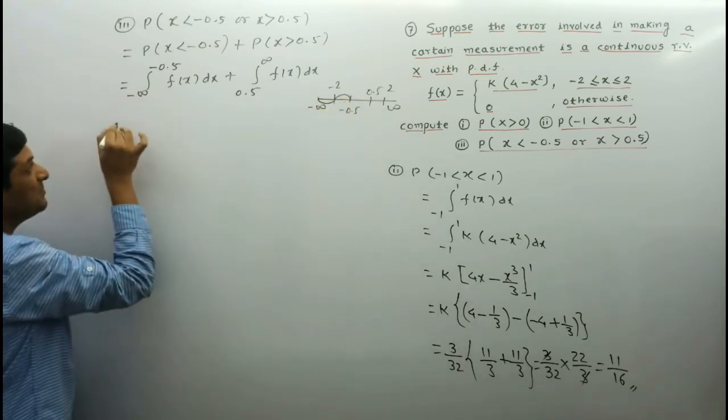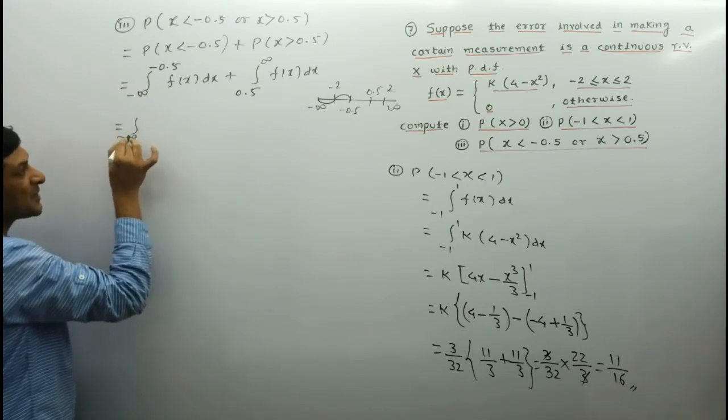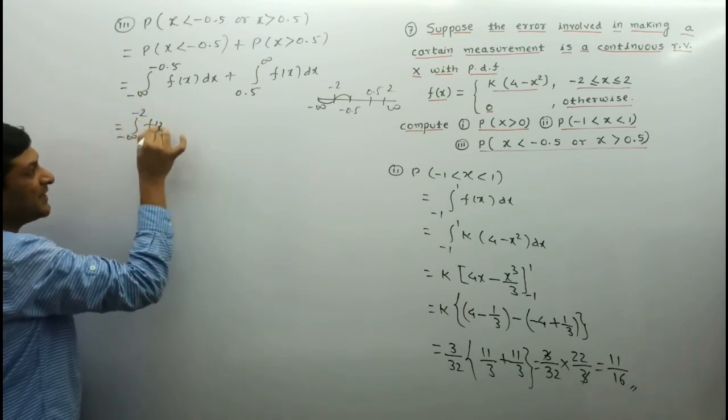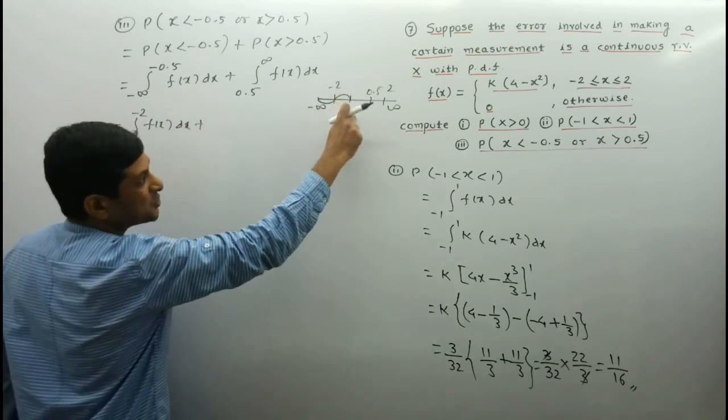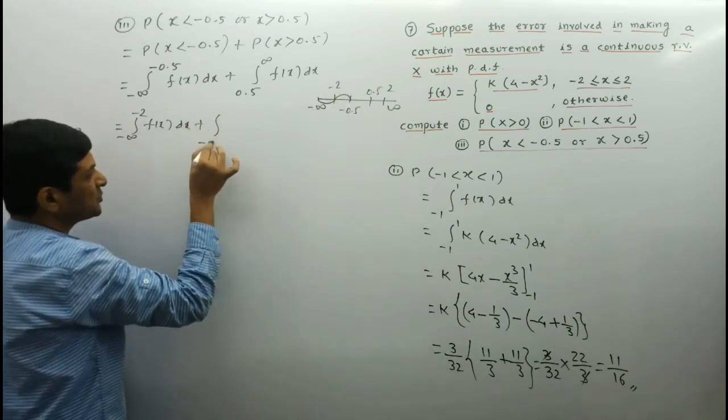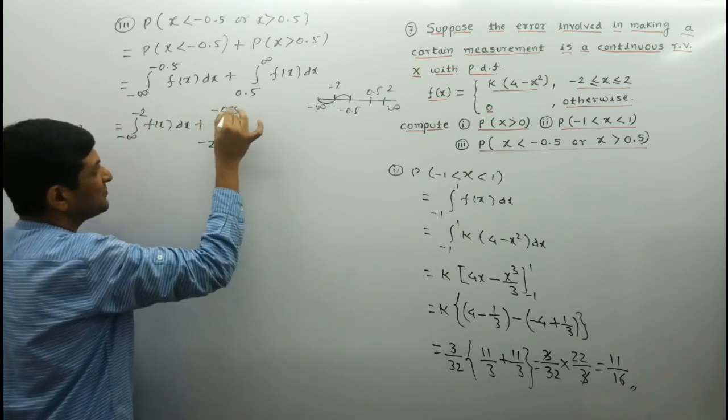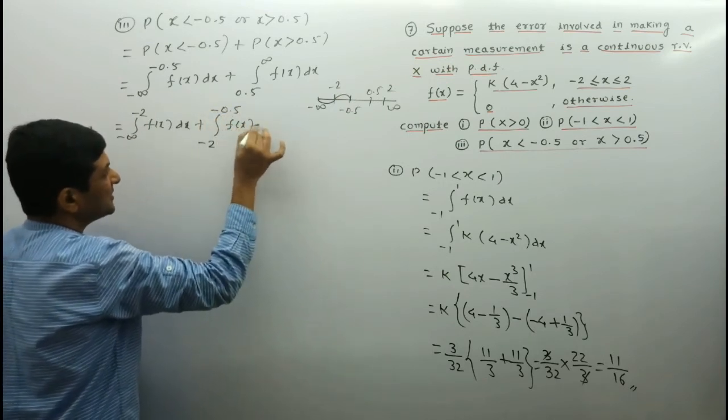First part will be minus infinity to -2 f of x dx, and second part will be -2 to -0.5 f of x dx.